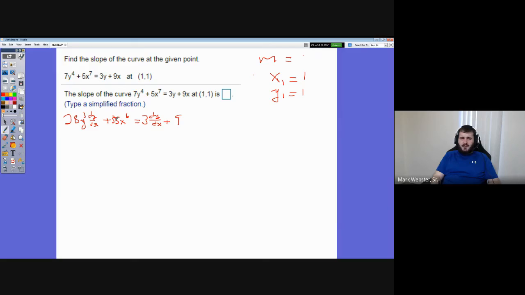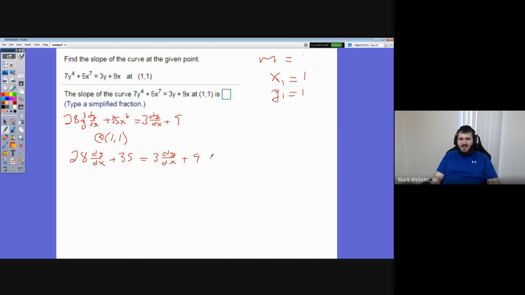Especially since these are both 1. Plug in 1 for the variables, right? 1 cubed is 1. 1 to the 6th power is still 1. So at the point 1, 1, now it's 28 dy over dx plus 35 equals 3 dy over dx plus 9.